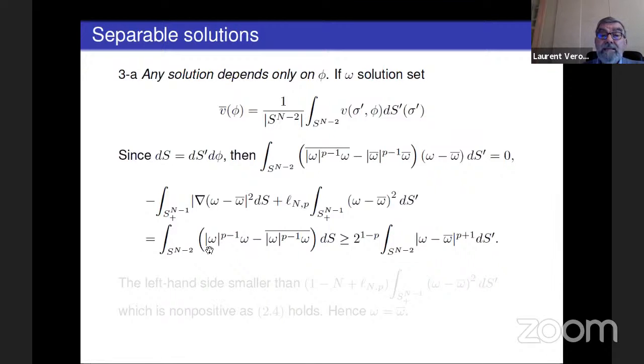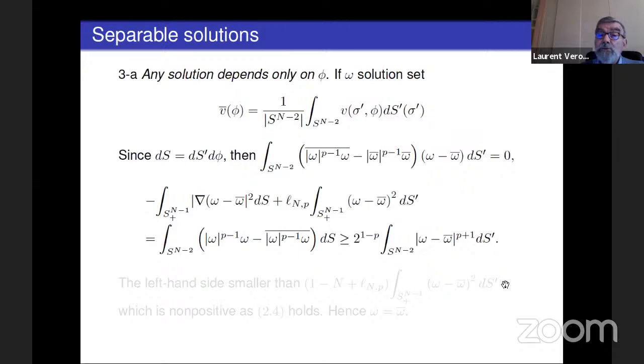But I can write these terms as the average of omega^{p-1} omega minus the average of omega^{p-1} times the average of omega, because of this estimate here. And this term is bigger or equal, when I multiply by omega minus omega bar, by omega minus omega bar here.